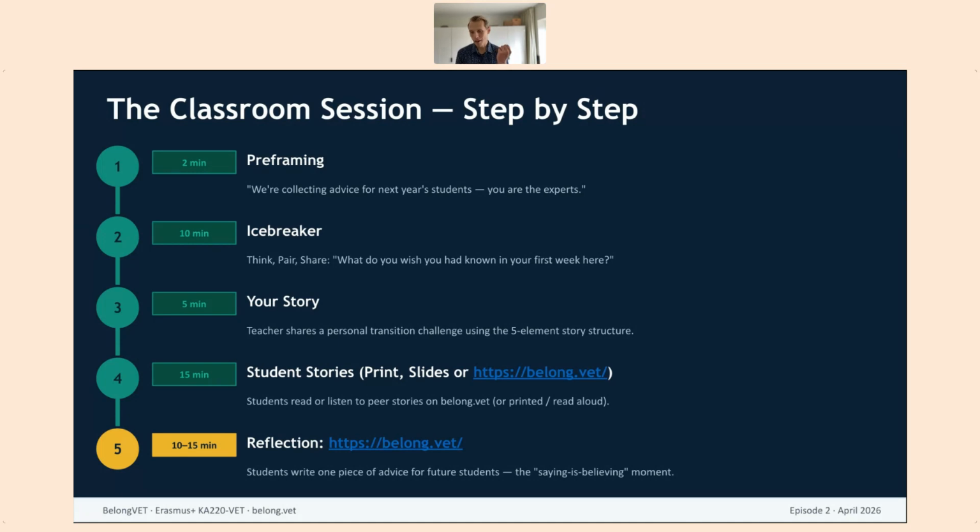So the reflection piece here, we tried both print. We actually had reflection sheets where students were, by pen and paper, putting reflections on what would I recommend to future students, or we did it online. We ended up going with our online reflection sheet. And there's 2 reasons for that.